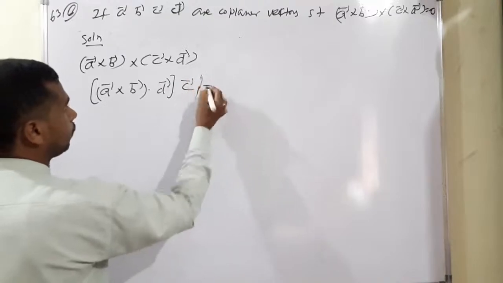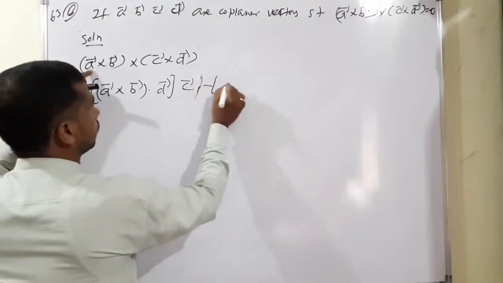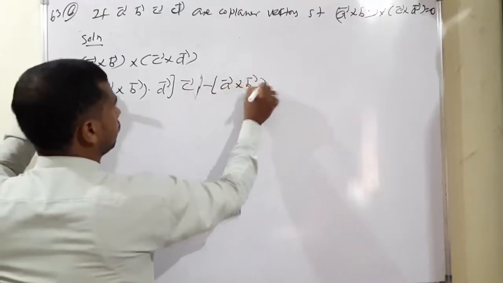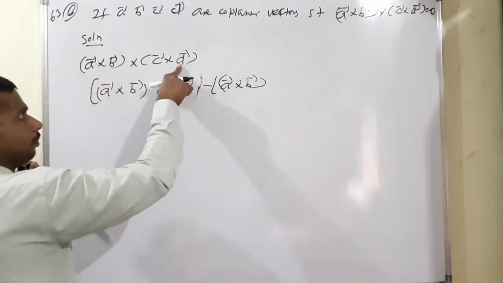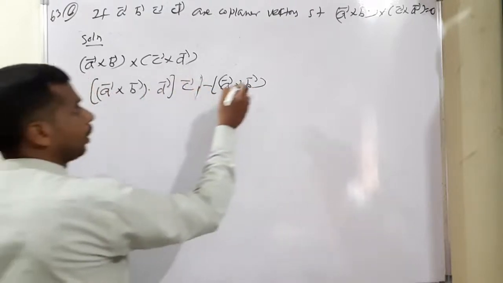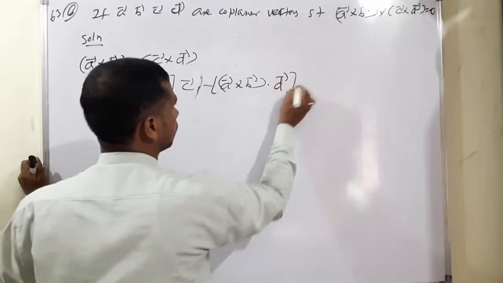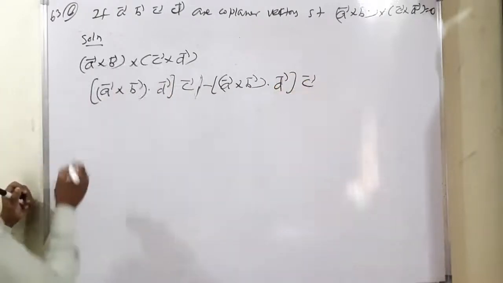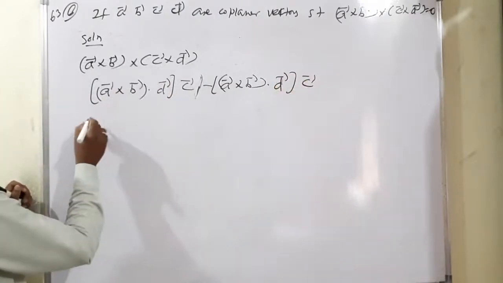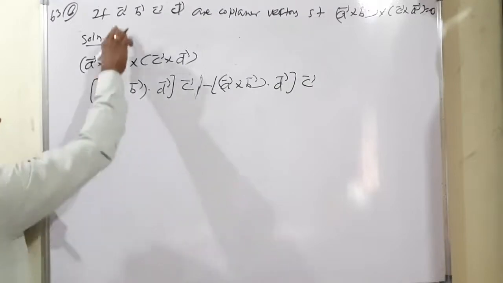The next condition, minus again A vector cross B vector. If you skip D vector, what will happen? Dot C vector, outside D vector. Now we already know this is the box product of A, B, C, D.